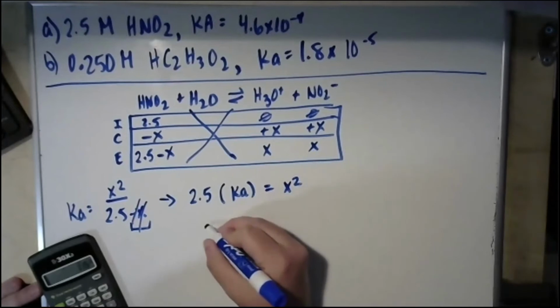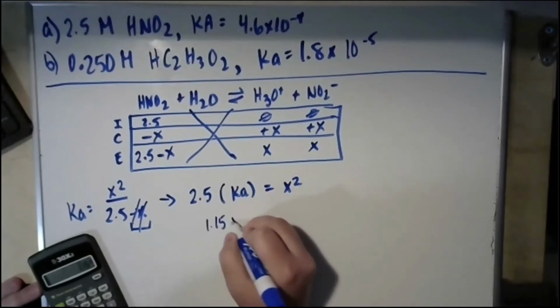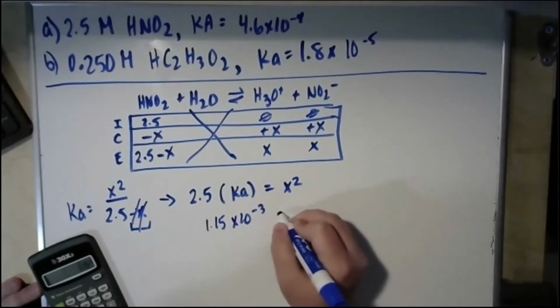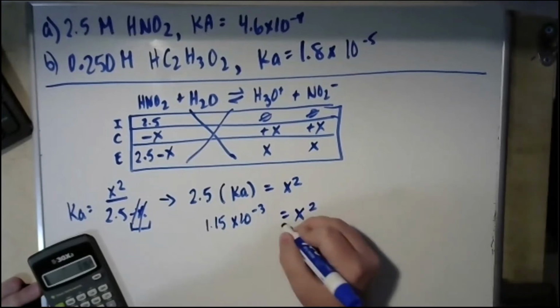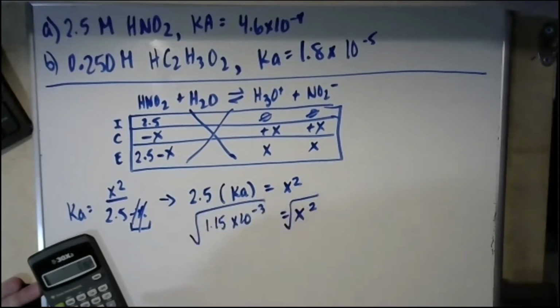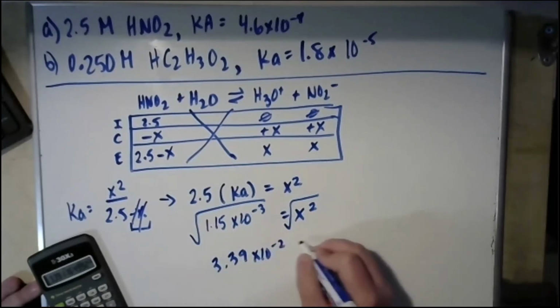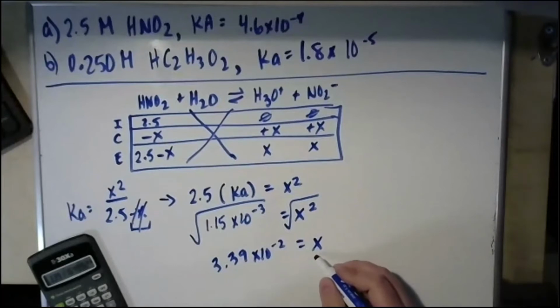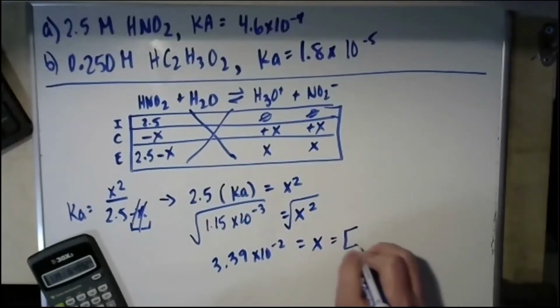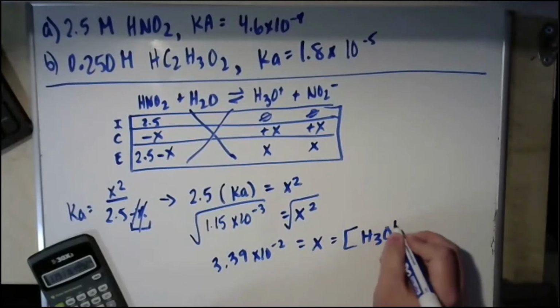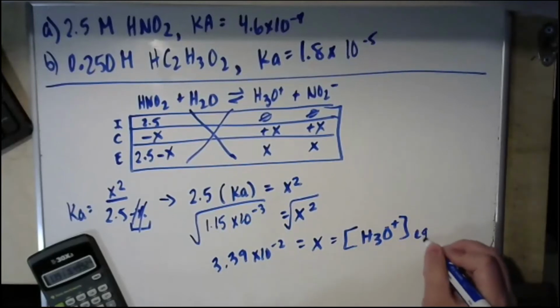I have 1.15 times 10 to the negative 3 equals x squared. I'll take the square root of that, and I get 3.39 times 10 to the negative 2 as my x value. And again, my x value is equivalent to my H3O plus value at equilibrium.